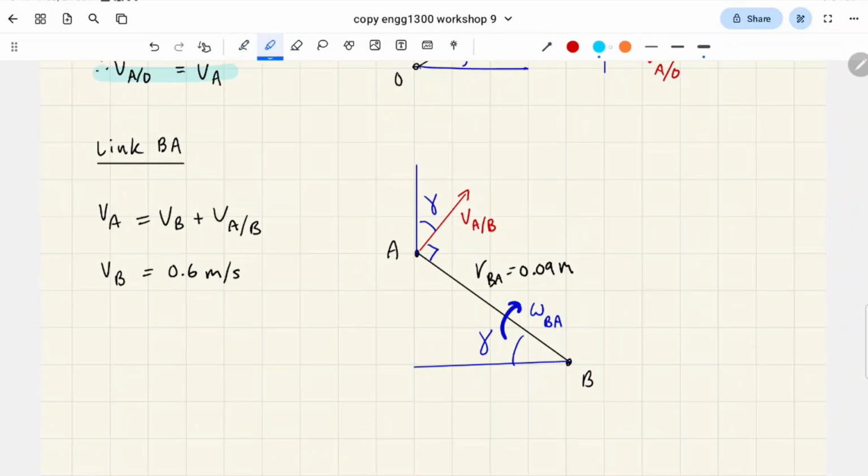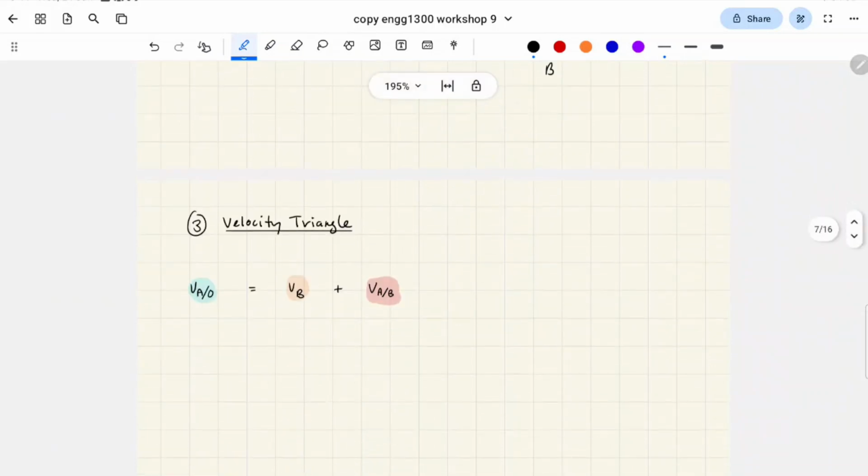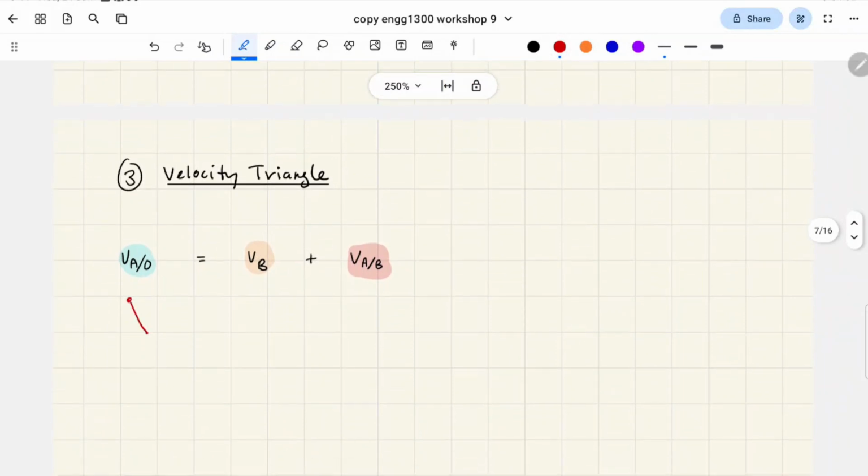We knew this from the question, right? And so we don't know what this is. Let's draw out our velocity triangle. Remember, our velocities look like this.